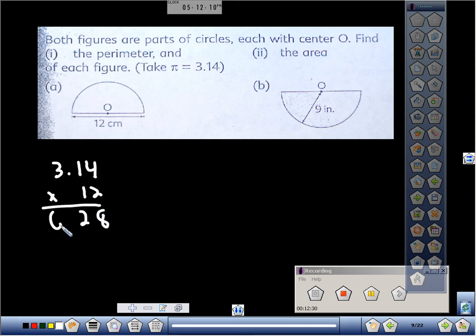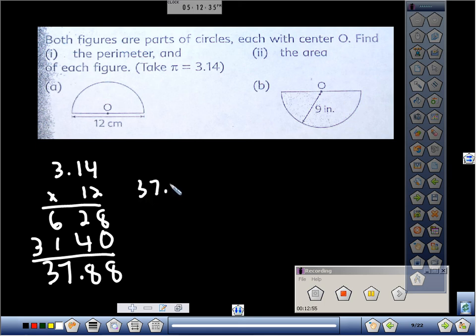That gives 37 and 8800ths. Now that's going to be the circumference for the whole thing. But since it's a semicircle, we want half of it, so truthfully we could have just divided by 6 the first time. But we'll divide 37 and 8800ths by 2.